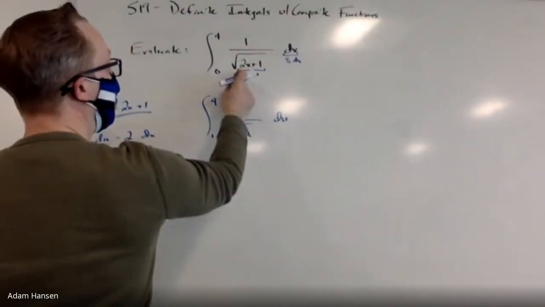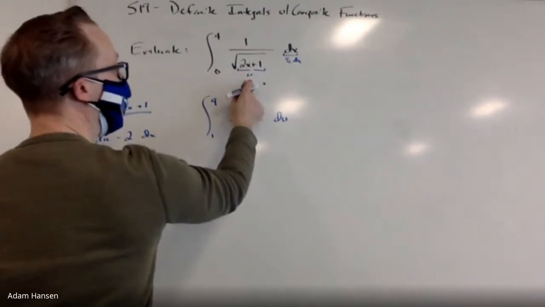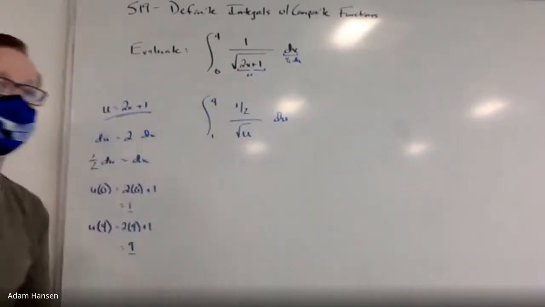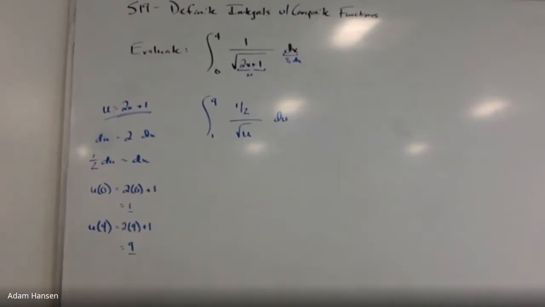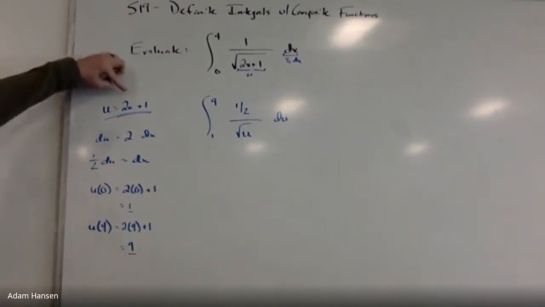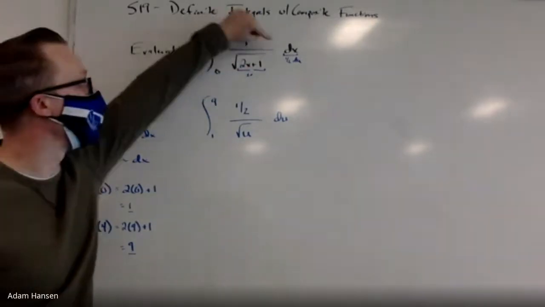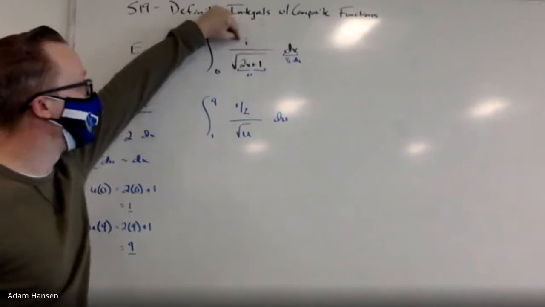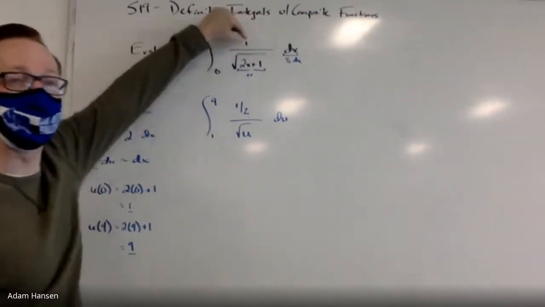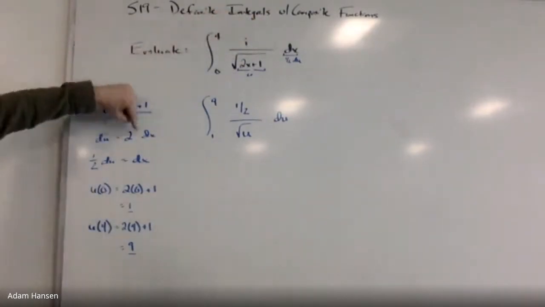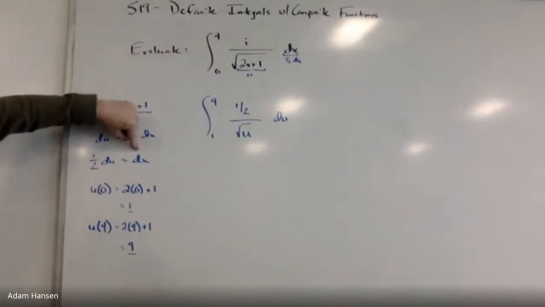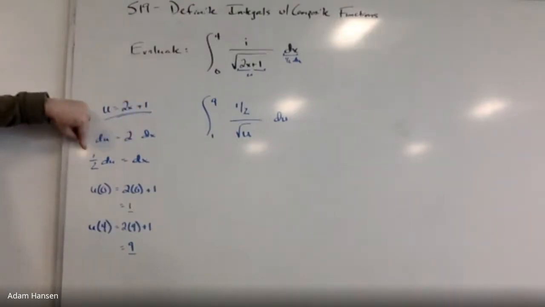And for root 2x plus 1, since 2x plus 1 was given for u, that's just the square root. And it's 1/2 because 1/2 du is equal to dx. Remember I took the derivative of 2x plus 1, that's 2 dx, right? But I just want dx. There's no extra 2 up here. If it was 2 dx, I'd be great. It's just 1 dx. So I need to solve this for 1 dx by dividing each side by 2, or multiplying by 1/2.